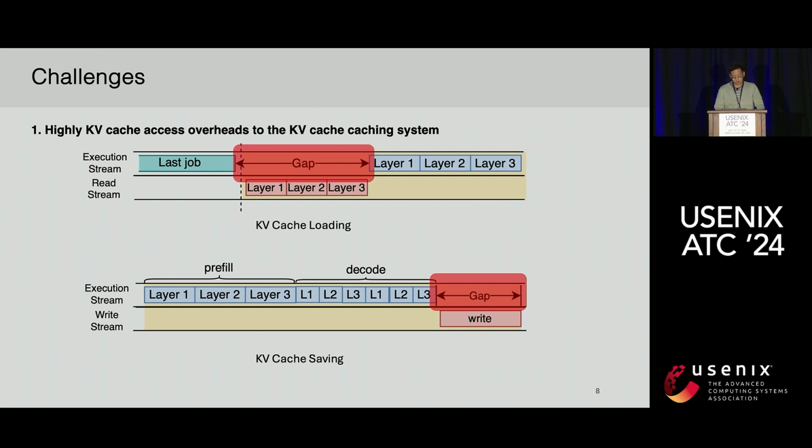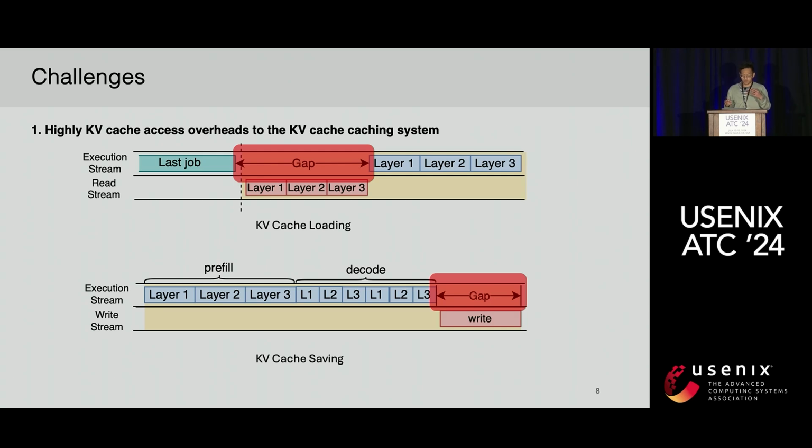However, implementing such a KV caching system is not straightforward. We still have some challenges. The first challenge is the high KV cache access overheads due to accessing the KV caching system. For example, for KV cache loading, when a new request hits the KV cache in the KV caching system, it needs to load the KV cache from the caching system.